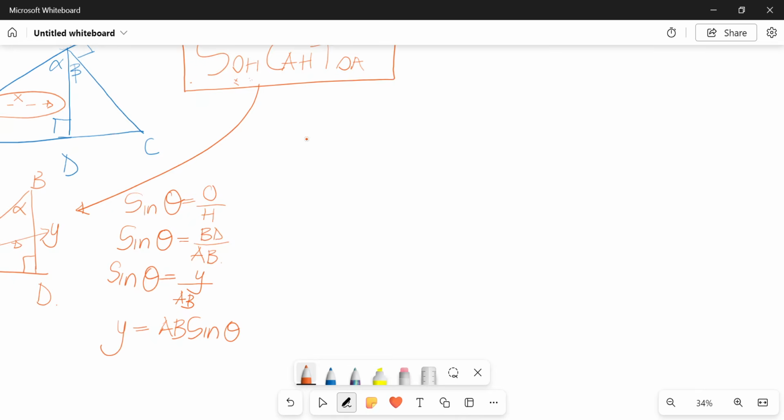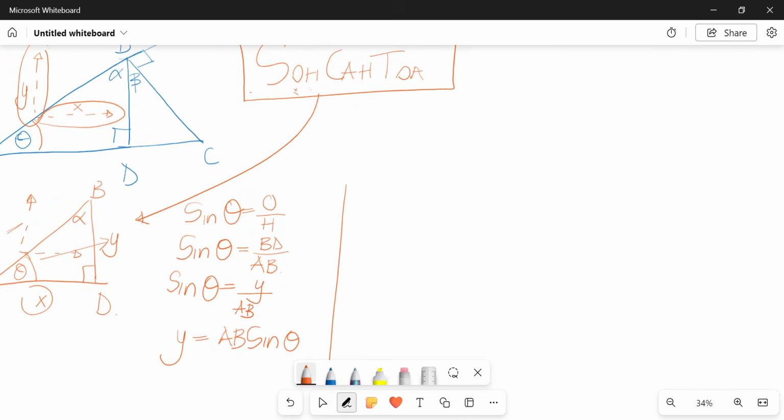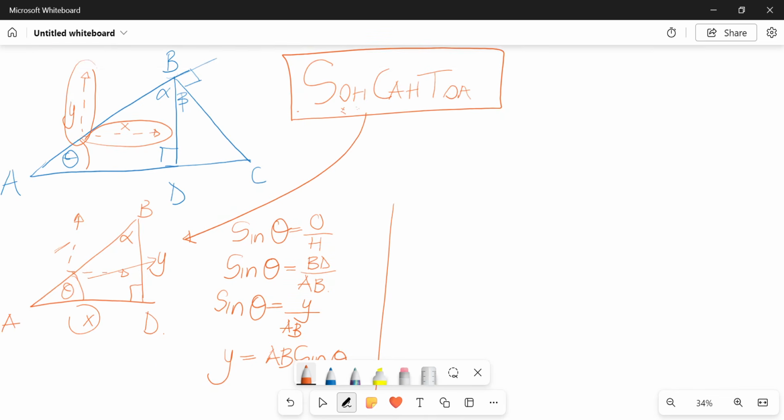Okay, then similarly, if you needed to now get your x, okay, so x is adjacent of your angle theta, then at this point what you would say is known would be your AB. Then what includes your x, which is adjacent, and your AB, which is hypotenuse, would be your cos. So you can say cos theta is your adjacent over hypotenuse.